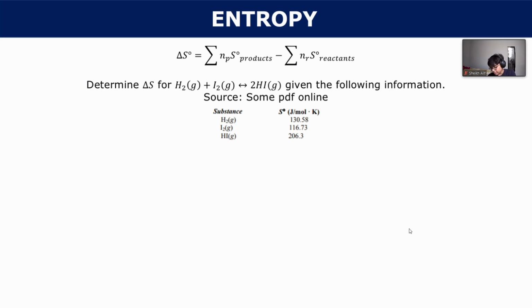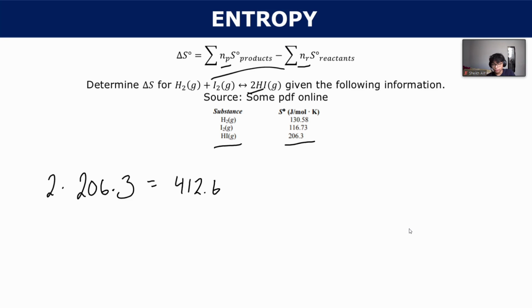HI has an entropy of 206.3, but remember these n's are here, and these n represent the stoichiometric ratios. The stoichiometric ratio here is a 2. So what you would have to do is multiply this 206.3 value times 2. So 2 times 206.3, that's 412.6. So our products here is 412.6.